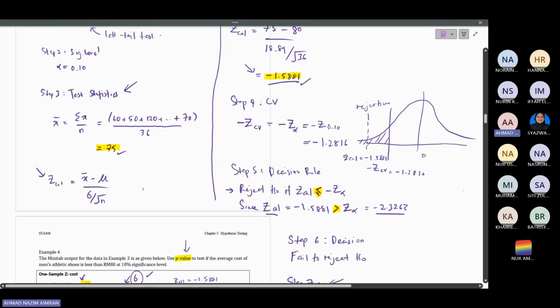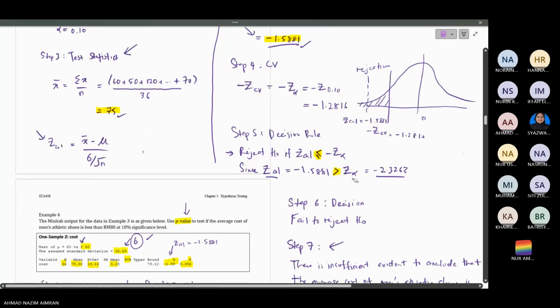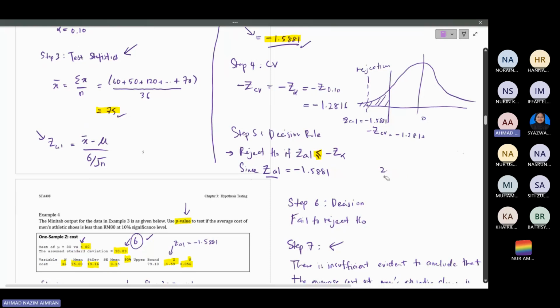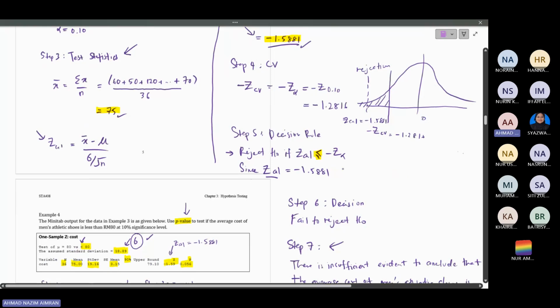And that is why here we need to change, since Z calculated is less than negative Z critical value, which is equal to negative 1.2816. Therefore, we reject H null.